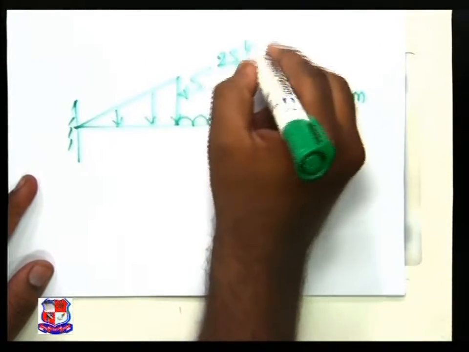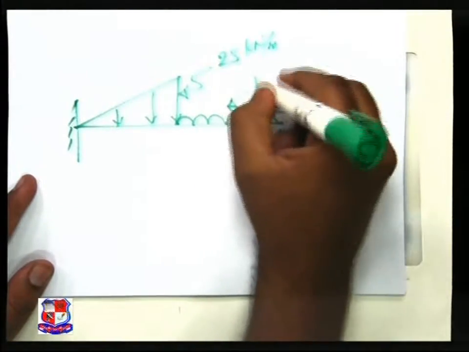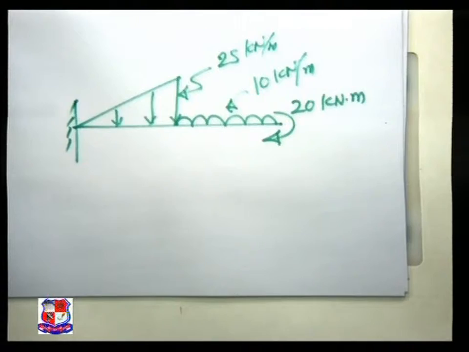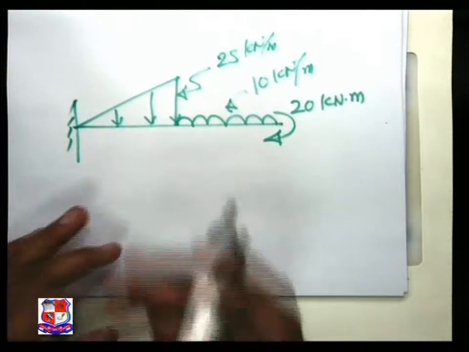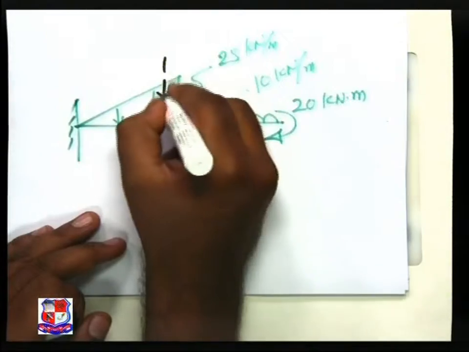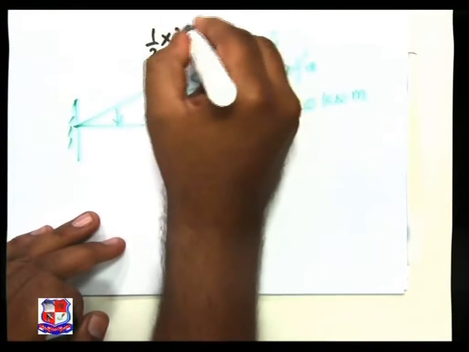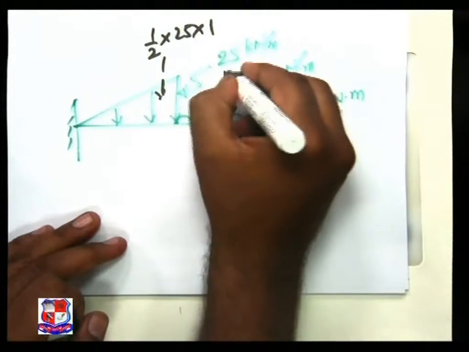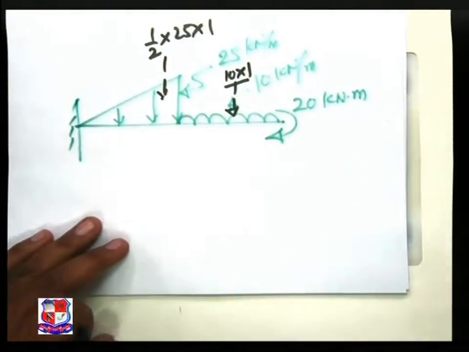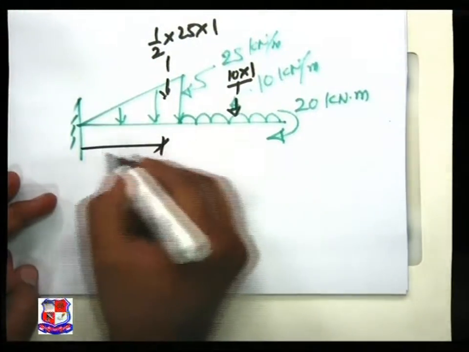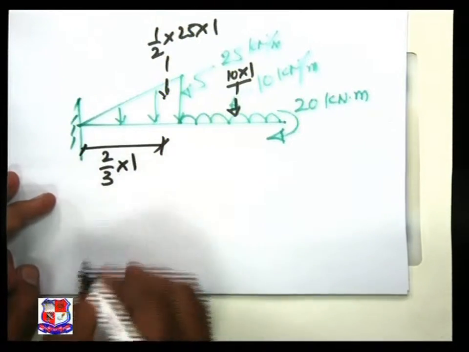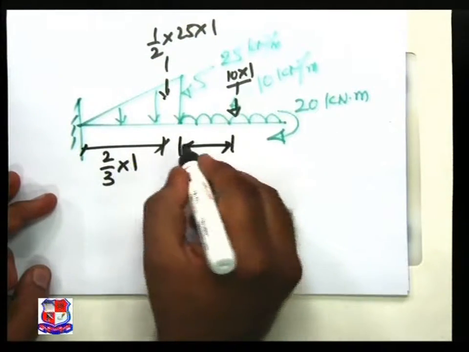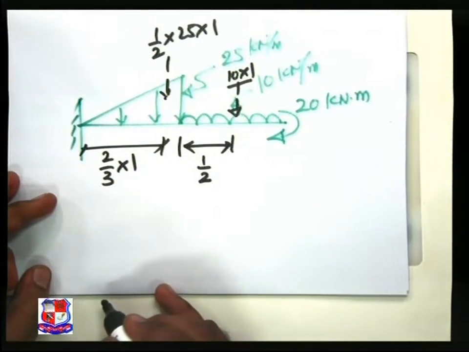This load is of 25 kilonewton per meter, and 10 kilonewton per meter. This has been converted in terms of equivalent point load system: half into 25 into 1, and here 10 into 1. This distance is 2/3 into 1. This distance from here is 1/2.